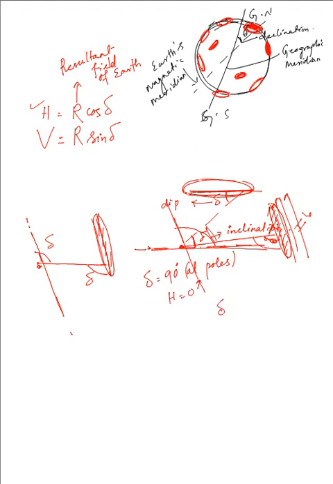And in case of the equator delta is equal to 0 degrees, and for that you have H to be having the maximum value that is equal to R, which is the case every time. And these are just simple short things that you need to observe while studying this portion associated with magnetism and matter.